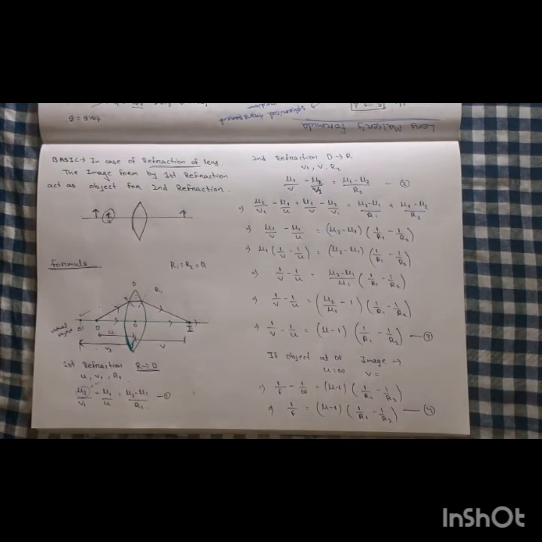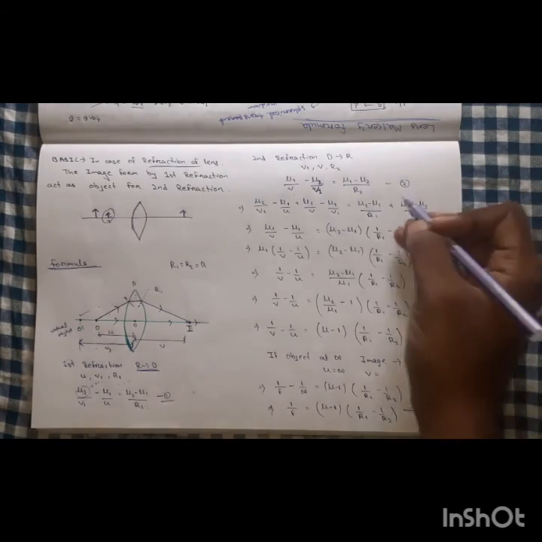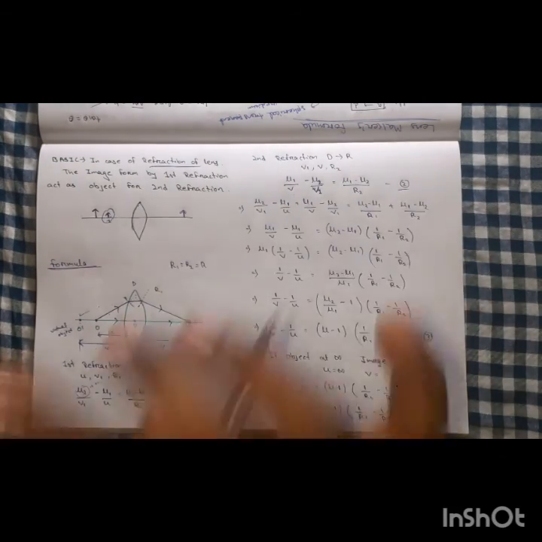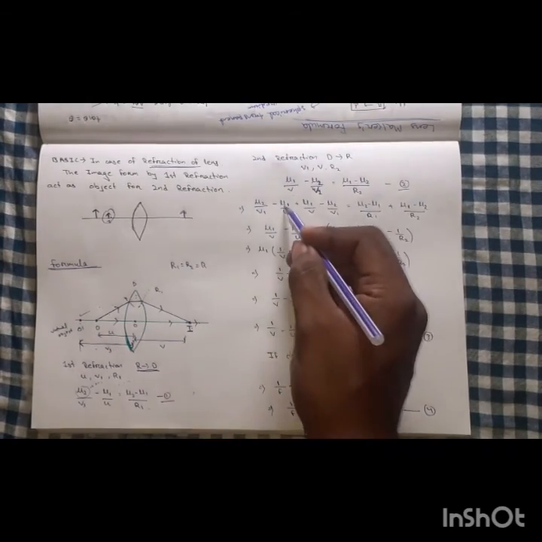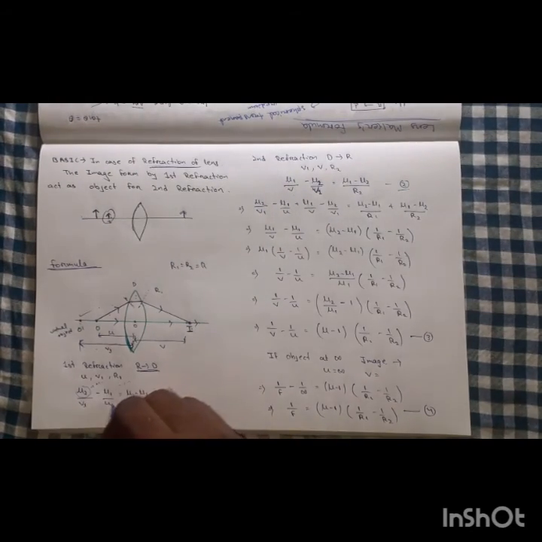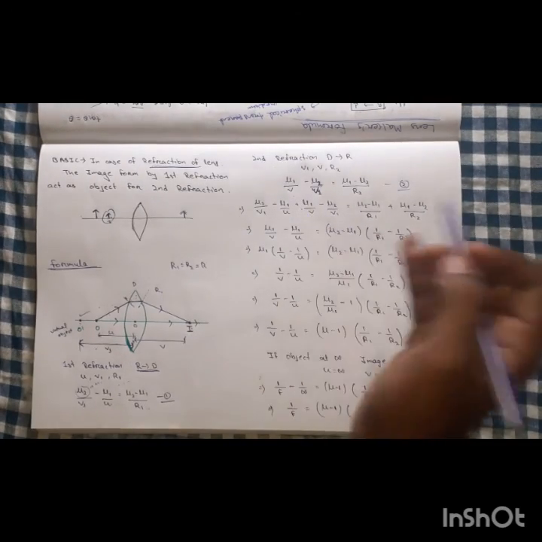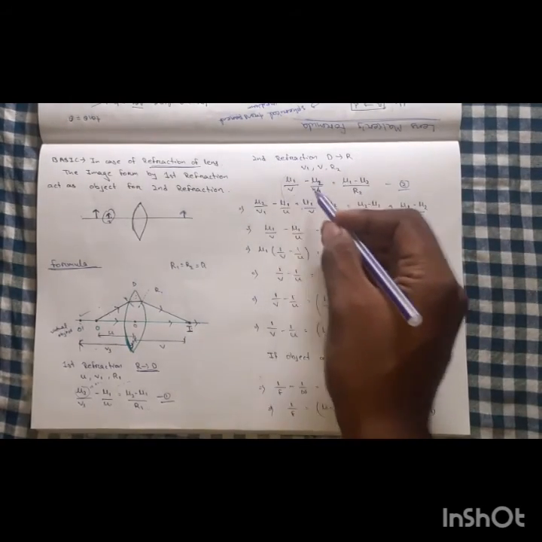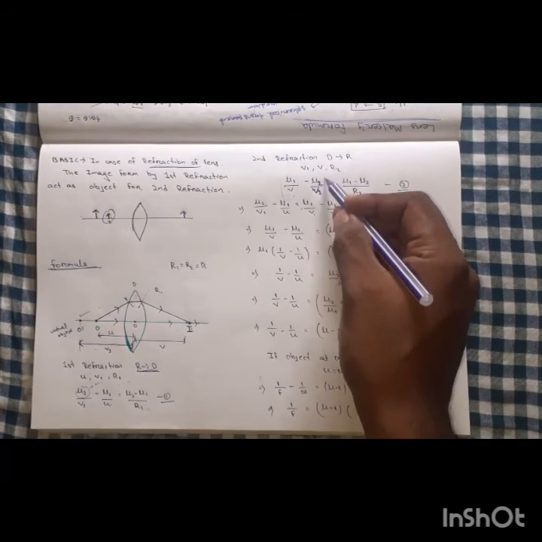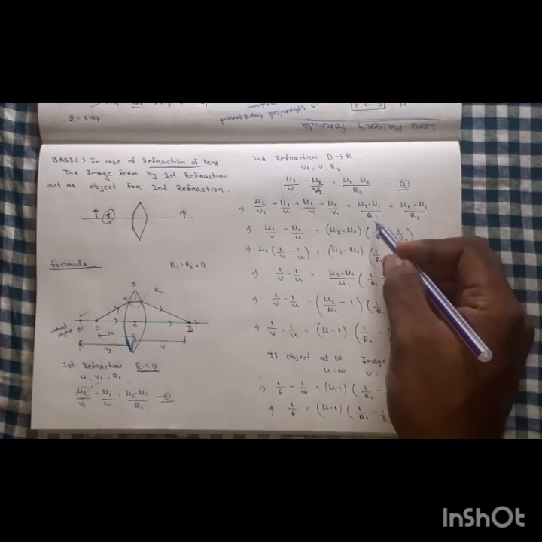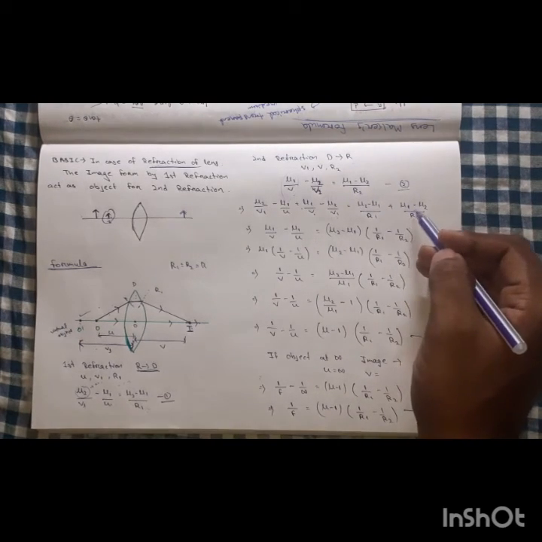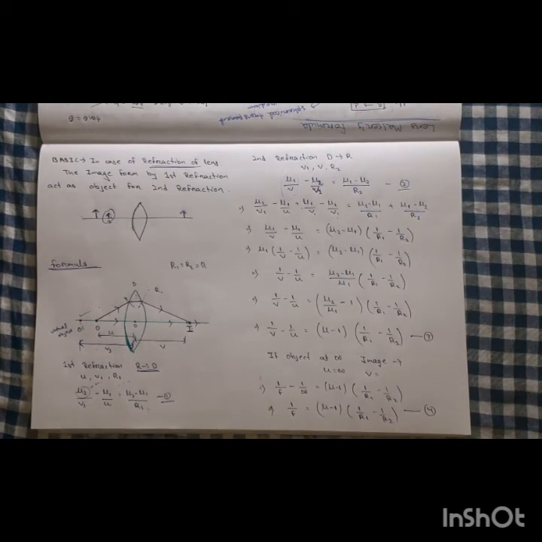Okay? Then this is the first equation, this is the second equation. Adding both equations, mu2 by v1 minus mu1 by u plus mu1 by v minus mu2 by v1, and RHS mu2 minus mu1 by r1 plus mu1 minus mu2 by r2.